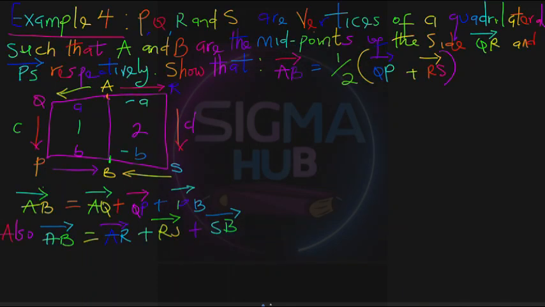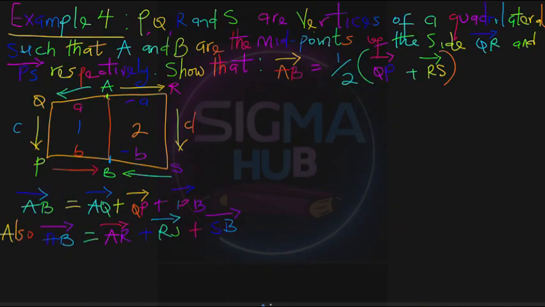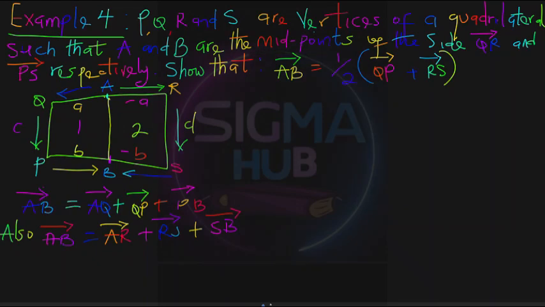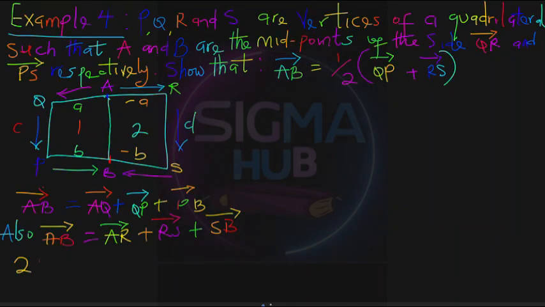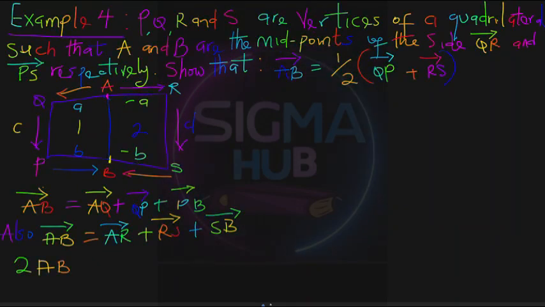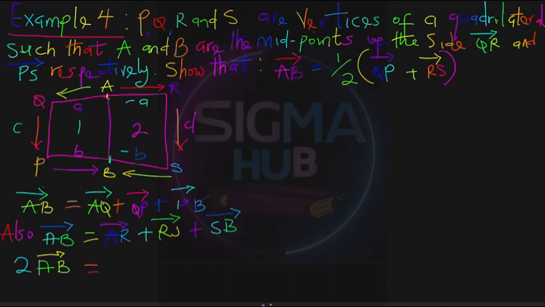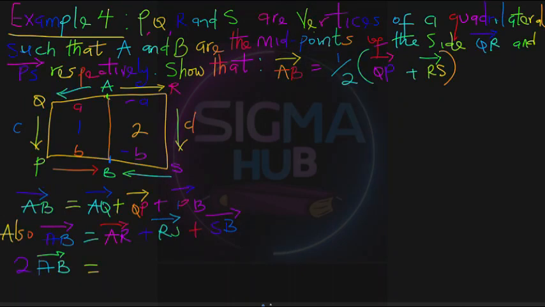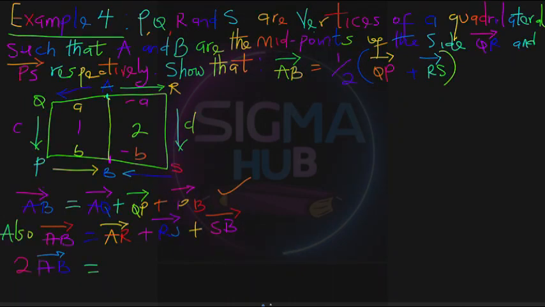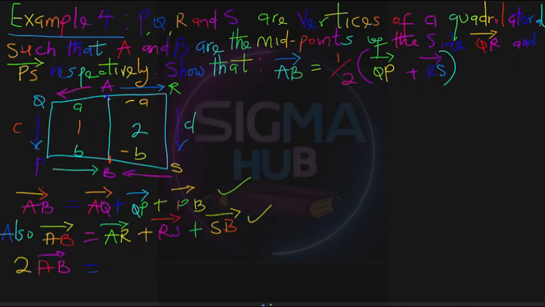Now let's quickly add these two together. So that means 2AB is the same thing as having the first one here and the second one here. I want to add both of them together.